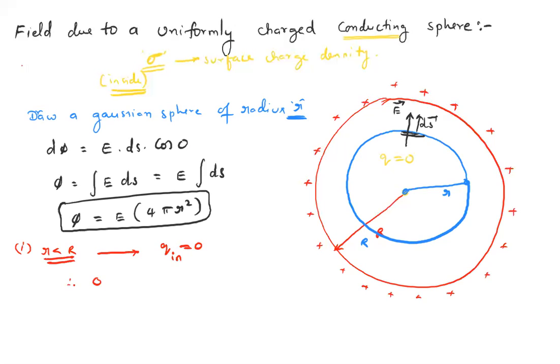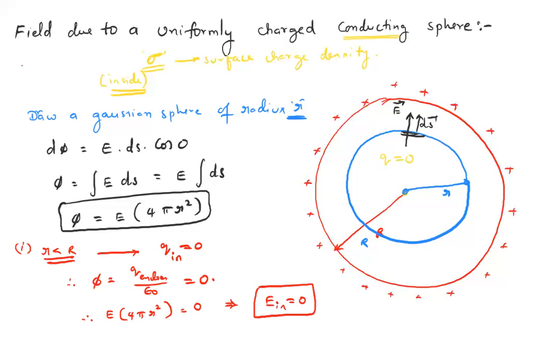According to Gauss law, total flux equals charge enclosed by epsilon naught, which is 0. So E times 4 pi r square equals 0. Therefore the electric field intensity at an inside point is 0. Is everyone clear?